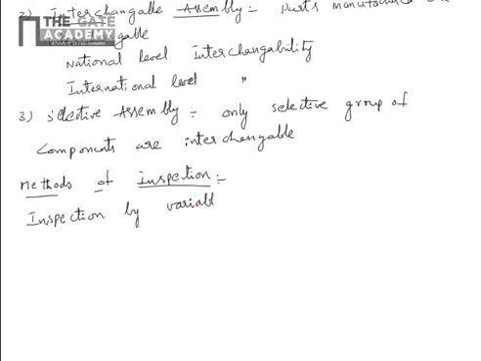What it means is, suppose I manufactured a shaft. I measure, by taking a scale, the diameter, the length, all this. So I measure each and every dimension physically by using some equipment.